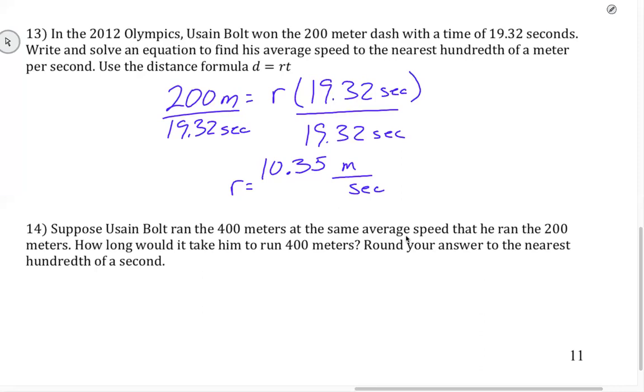Now, suppose Usain Bolt ran 400 meters. Well, we know in 200 meters it took him 10.35 seconds. How long would it take him to go 400 meters?